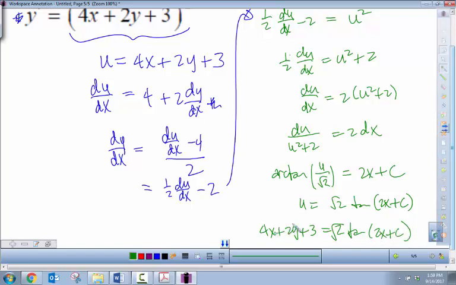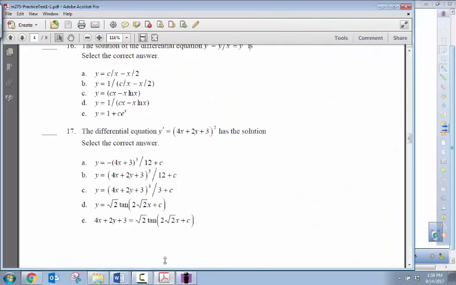And I think you could solve for y here if you carry on. And let me just check the solutions, the possible answers, that is.